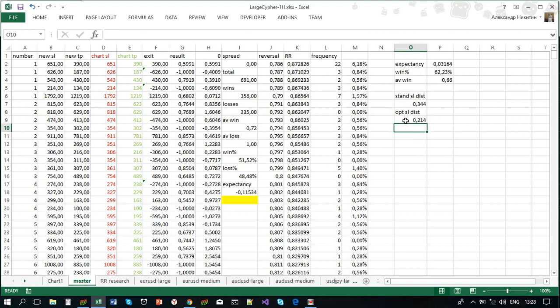And now let's calculate how these stop losses are related to each other. Of course, I understand that 0.344 represents full stop loss. It is 100 stop loss, or this is the chart stop loss, the one that I have on my chart. And this optimized stop loss is some portion of that stop loss, because it is smaller than that.